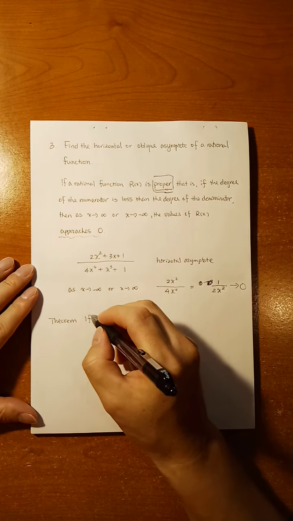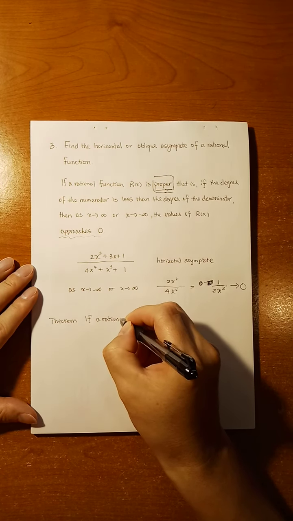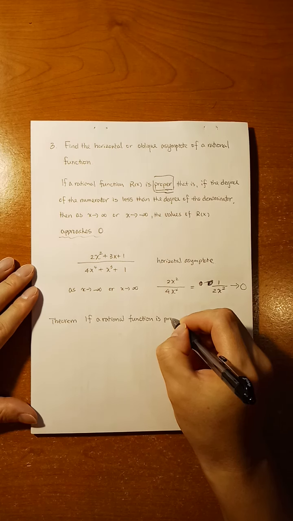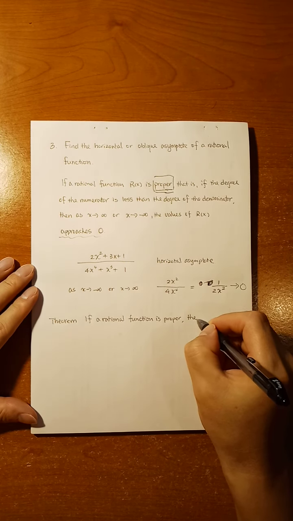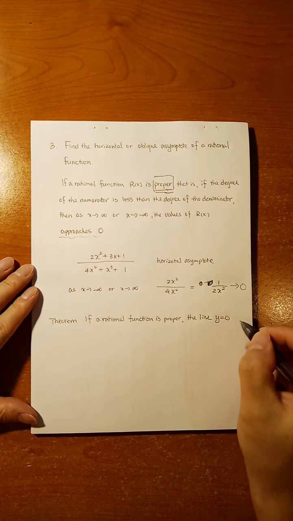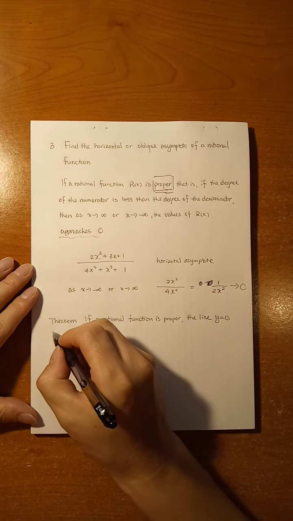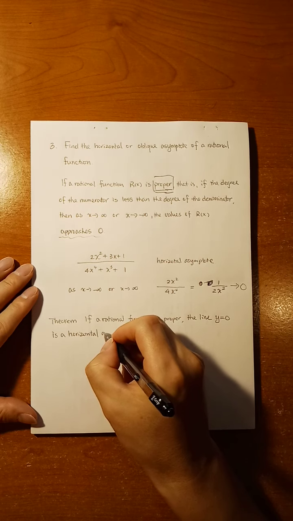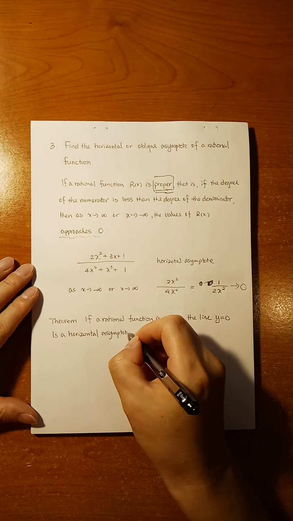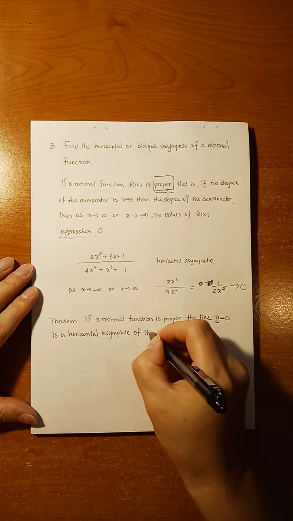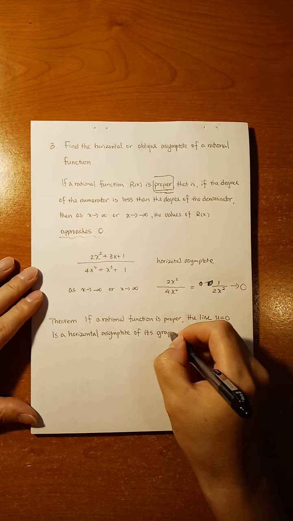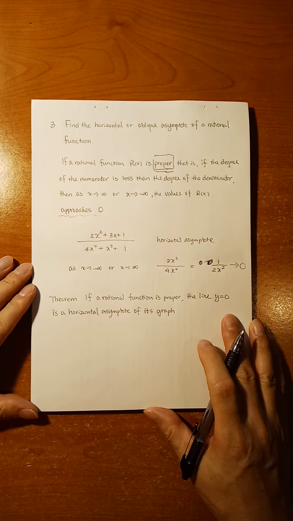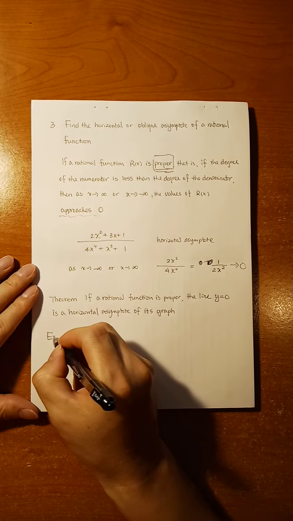Then the theorem is the following. If a rational function is proper, the line y equal to 0 is a horizontal asymptote of its graph. And you can have whatever example you like.